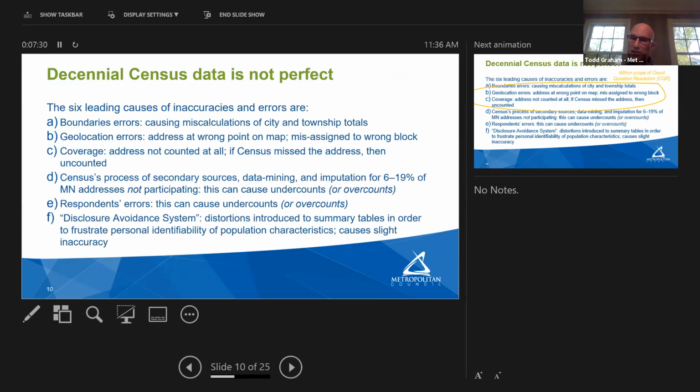Now I need to get to what, in metadata, is called the warnings, the caveats, the limitations. The Decennial Census was a massive data collection campaign, with numerous operations and follow-up phases, and you know, things can go wrong. There are aspects of Decennial Census work that lead to inaccuracies or errors, and I've outlined, this is not a comprehensive list, but it's what fits on a PowerPoint slide.